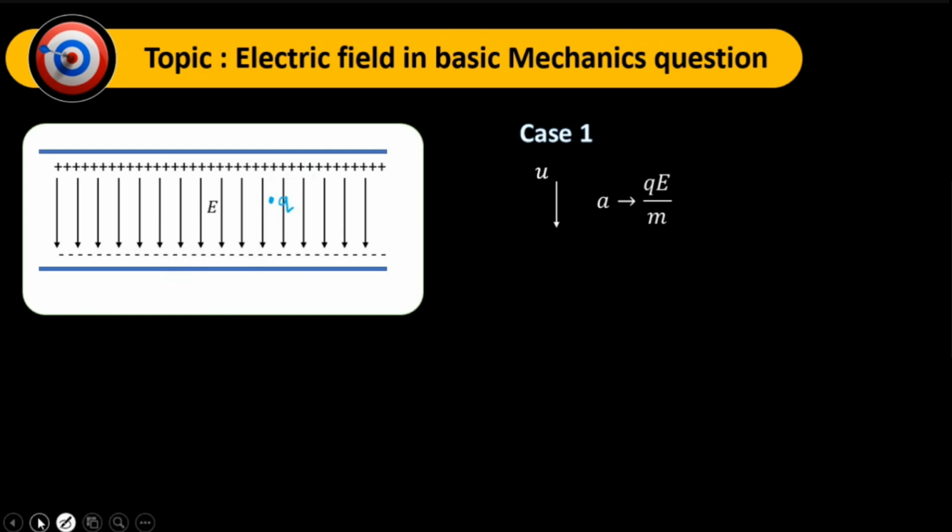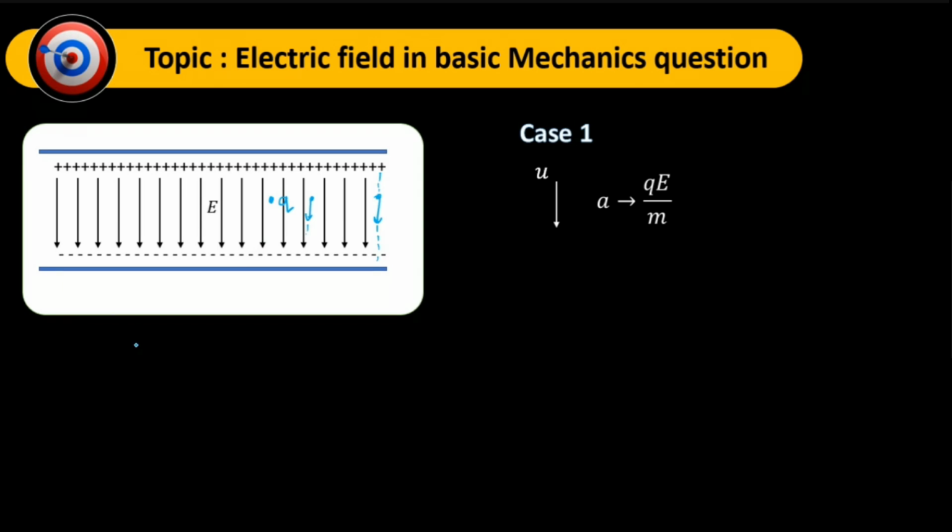Case one says that the particle was initially going in one direction, and the electric field is going to be in that direction. So the path of the charged particle must be along the electric field only.